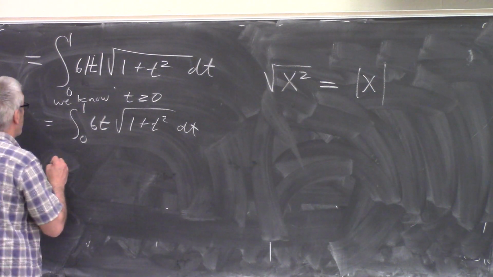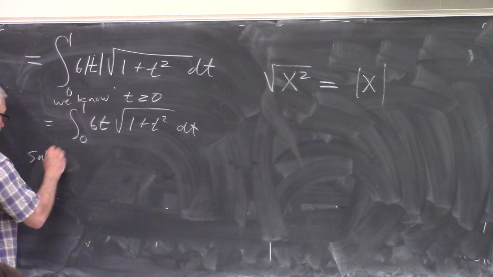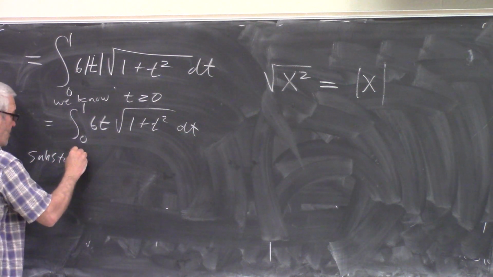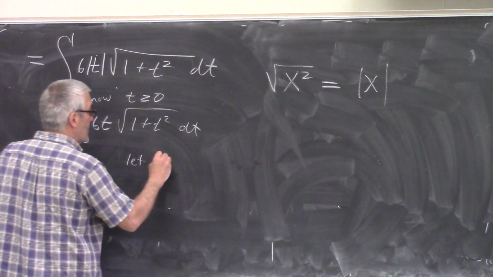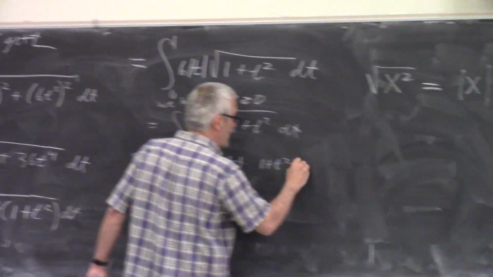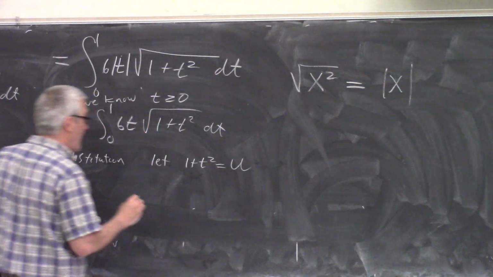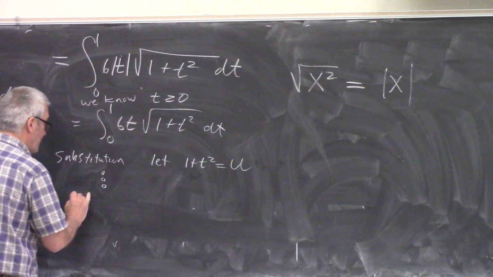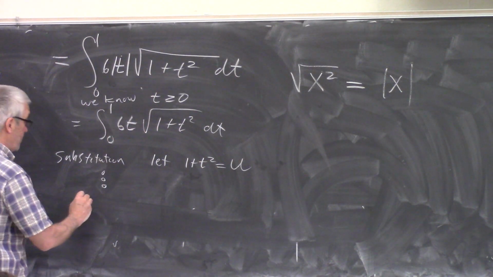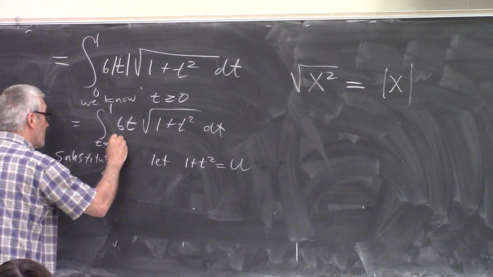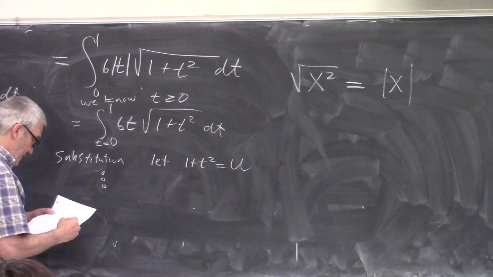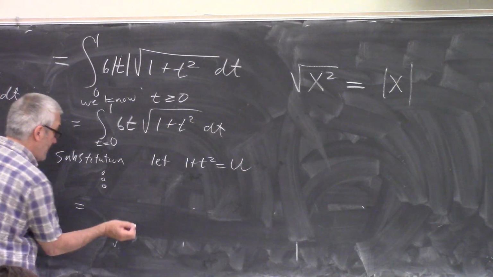Okay, now we're going to do a substitution. So we're going to let 1 plus t squared equals u, and then we're going to go through all the steps, and that's a Calc 1 problem. So here we have the integral from t equals 0 to t equals 1. After we do the substitution, we get this.